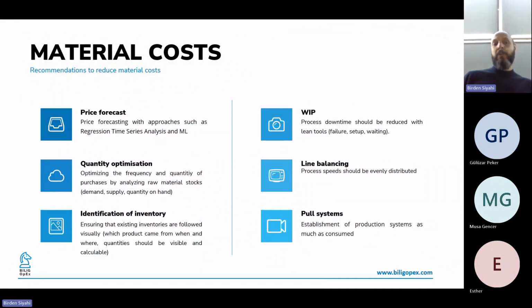For example, first we are buying those materials. So we can use price forecasting methodologies.